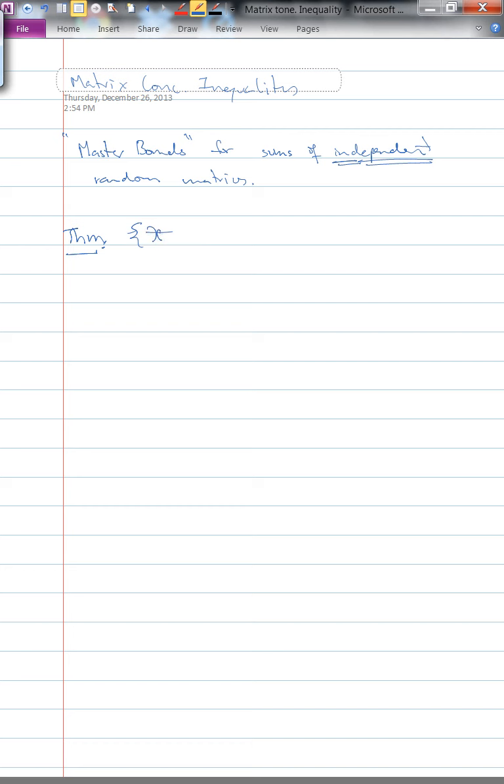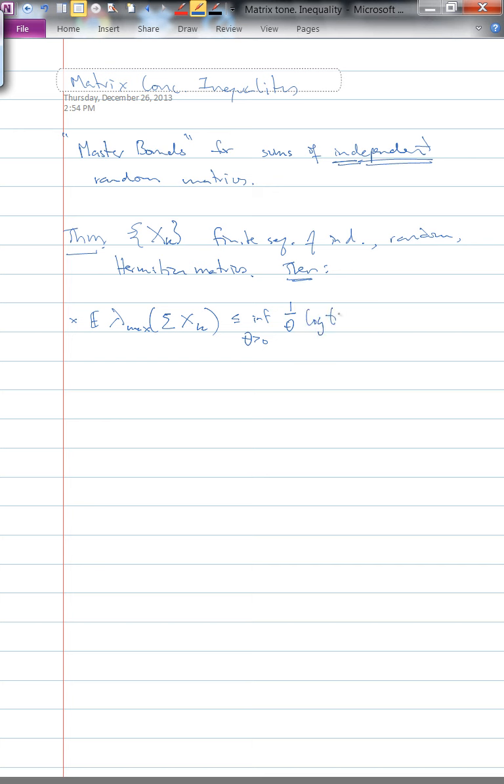Let's suppose that xk is a finite sequence of independent random Hermitian matrices. Then, and this is exactly what we gave last time, the expected value of the largest eigenvalue of the sum is less than or equal to the infimum over all theta of 1 over theta log trace exp of the sum over k of log of the expected value of e to the theta xk.